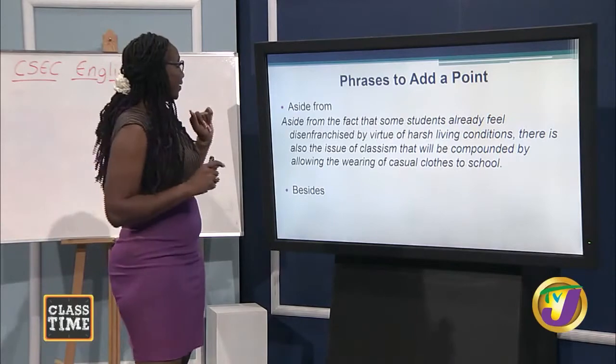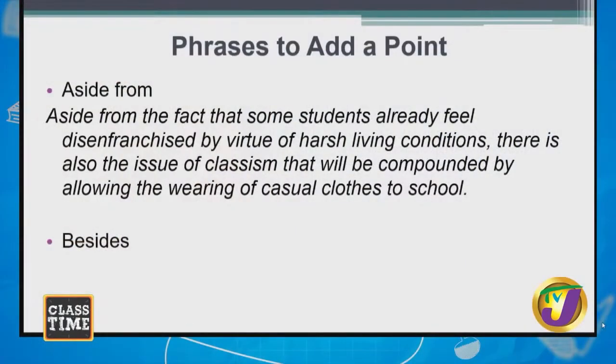So here we go. Aside from the fact that some students already feel disenfranchised by virtue of harsh living conditions, there is also the issue of classism that will be compounded by allowing the wearing of casual clothes to school. Now look at that carefully. So what is the original point and what have you added? So notice it says aside from the fact that. So that is the original point.